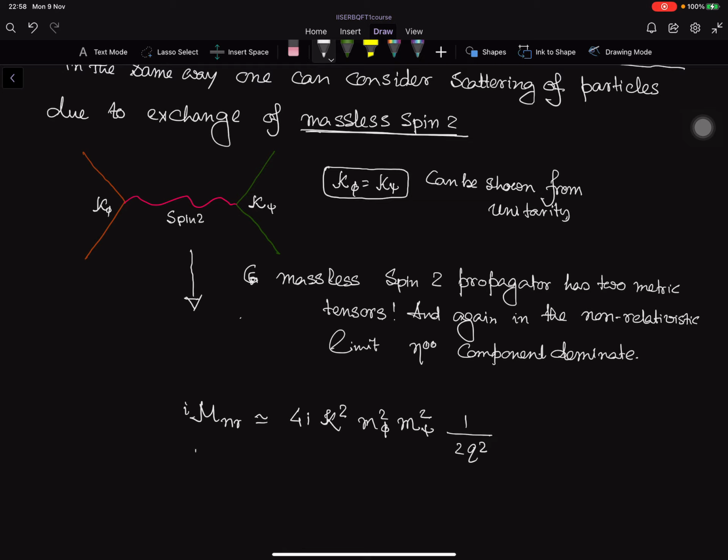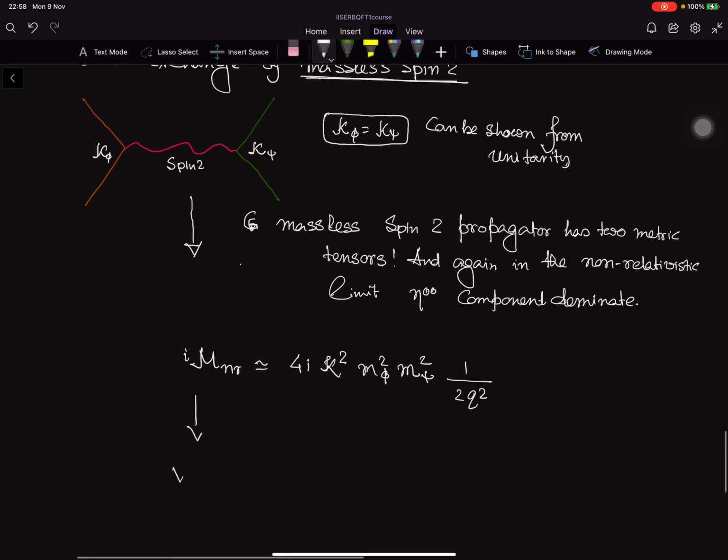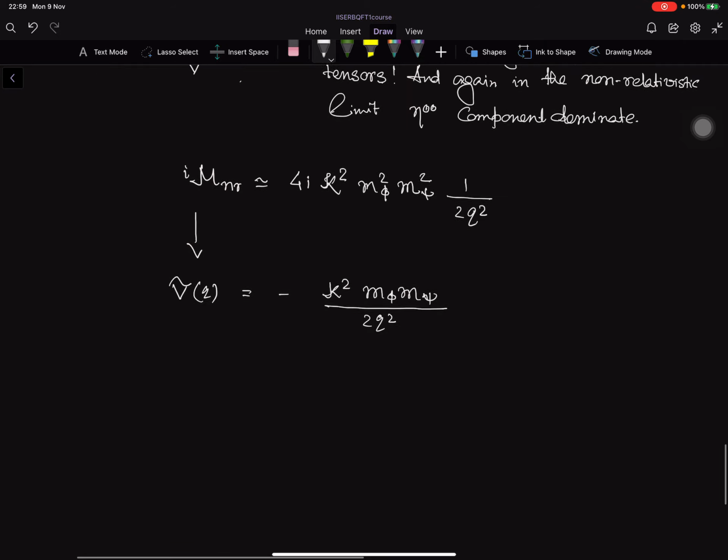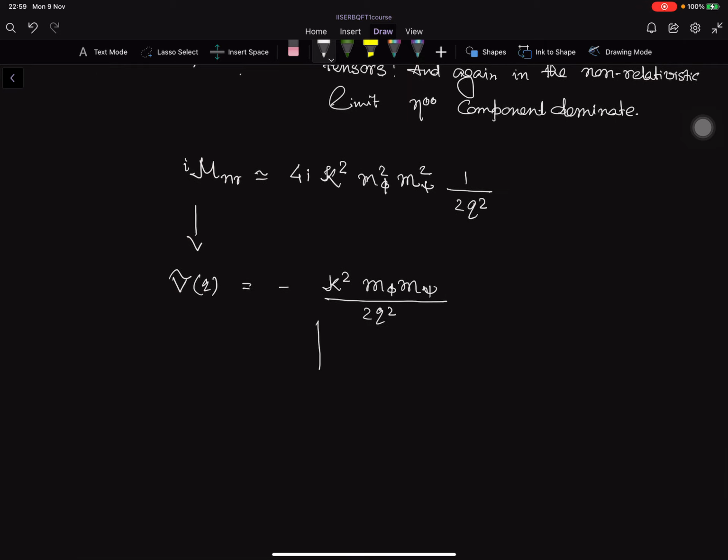this implies that the potential, and then from then we can Fourier transform again.